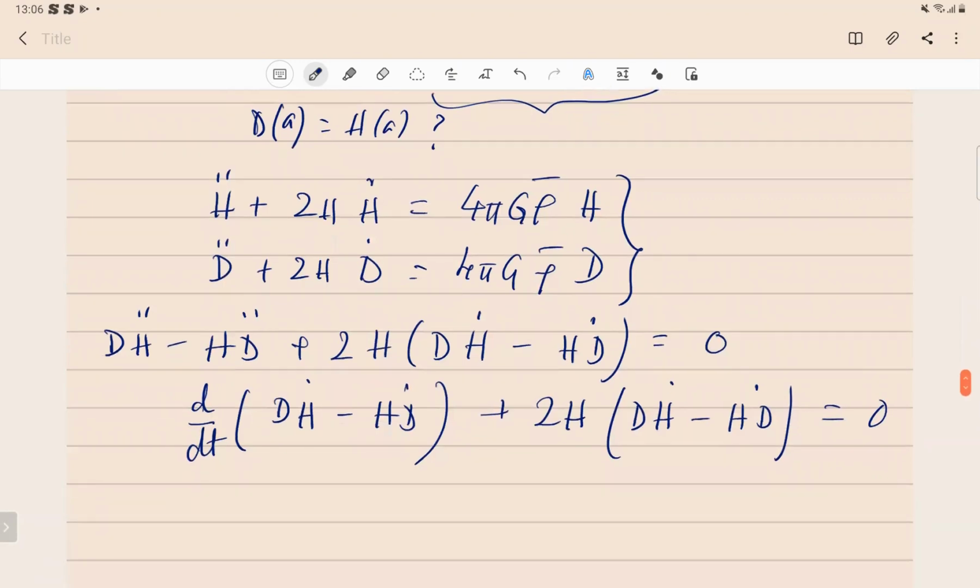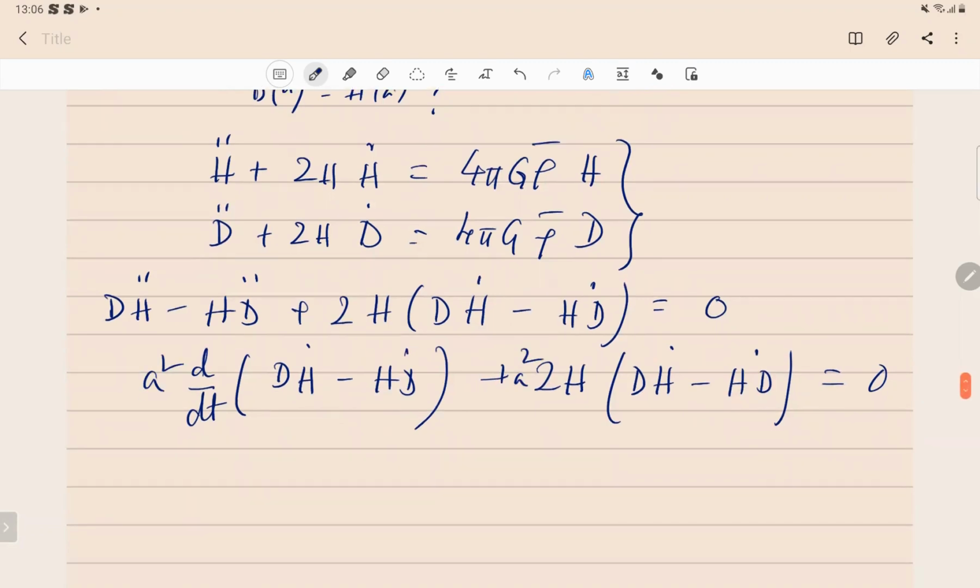You can multiply the whole thing by a square; this is just algebraic manipulation. Then this term becomes 2a square times a dot by a, so one a cancels, and it becomes 2a a dot times d h dot minus h d dot, the second term.